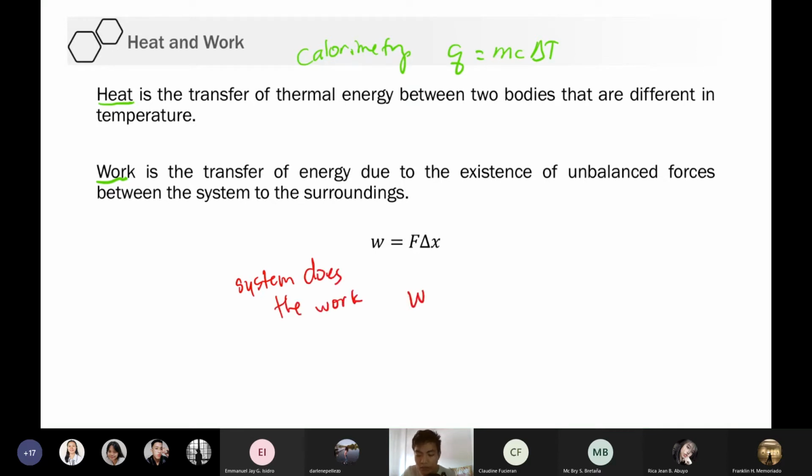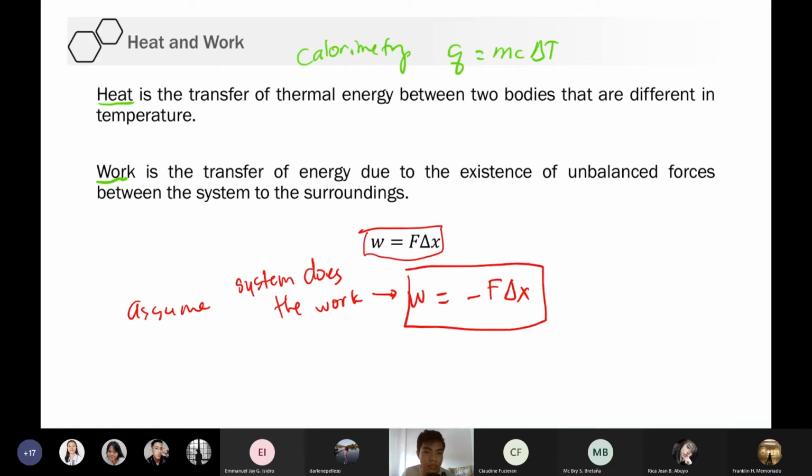So, gagawin natin negative F delta X yan. So, this is the actual equation. Pero, since we assume that the system does the work, ito yung gagamitin natin. W equals negative F dx.